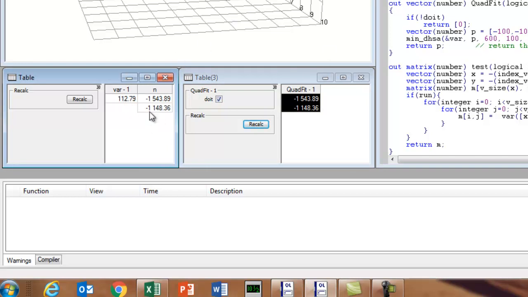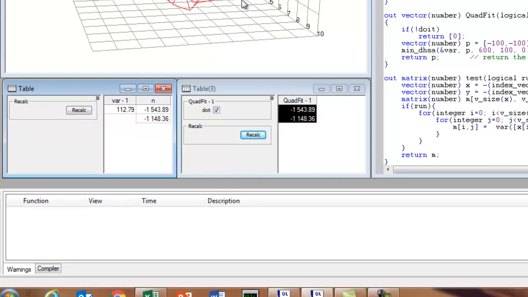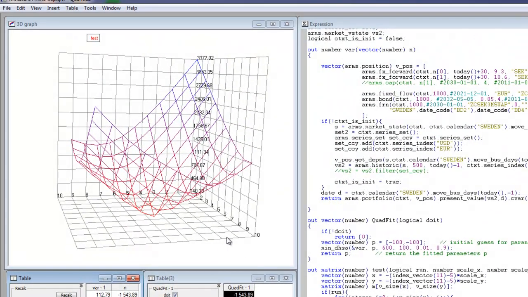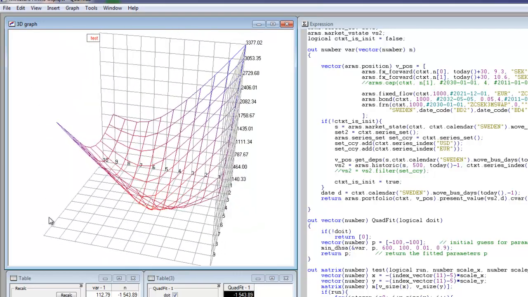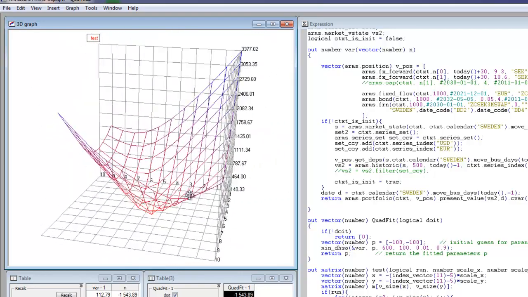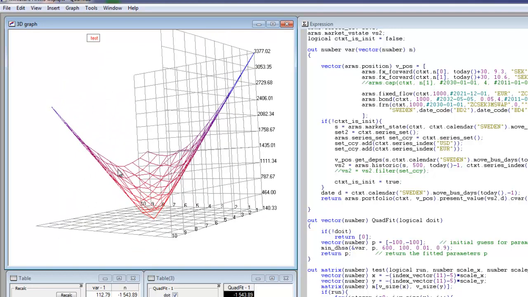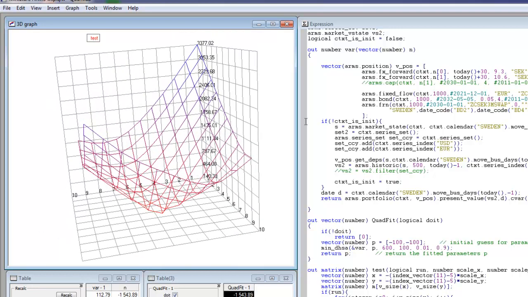So obviously the 112 is our minimum reachable expected shortfall level using these hedges. And we can see from this 3D plot that there is a minima in terms of varying different sizes of these hedges. So this is actually just a plot of varying the FX forwards in the both currencies.